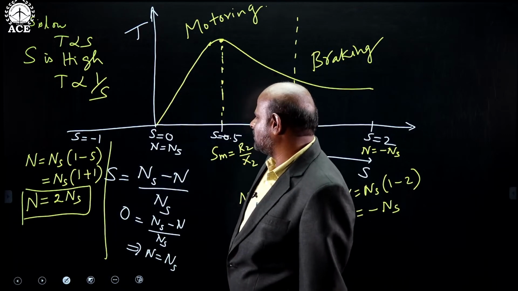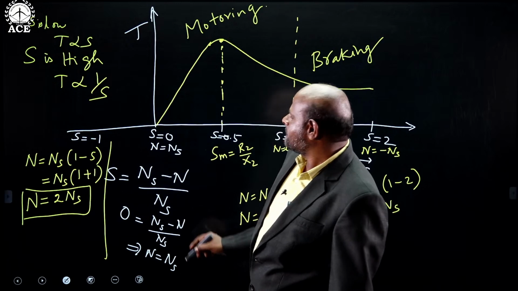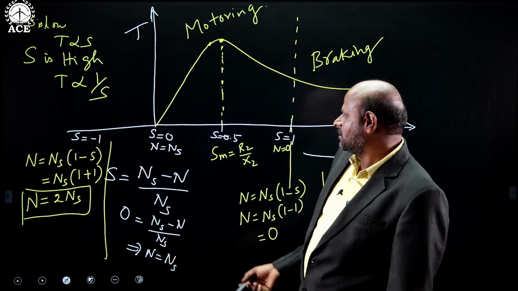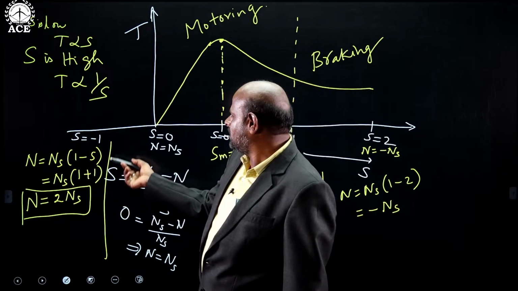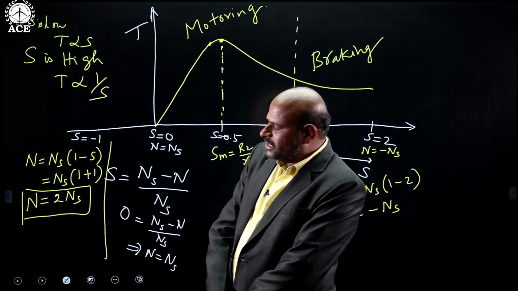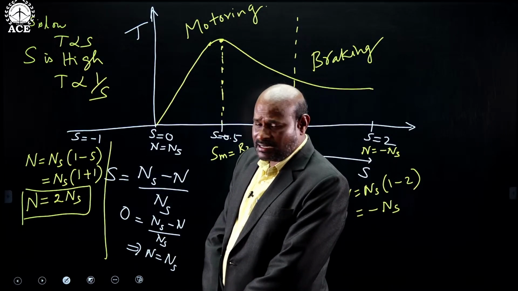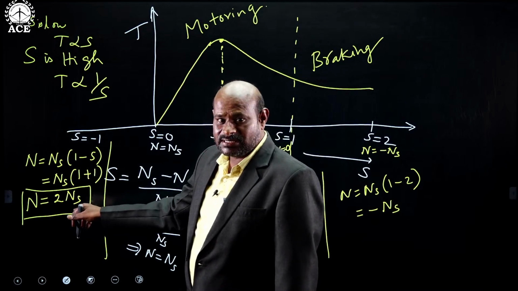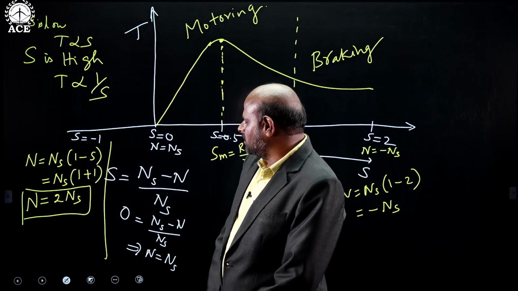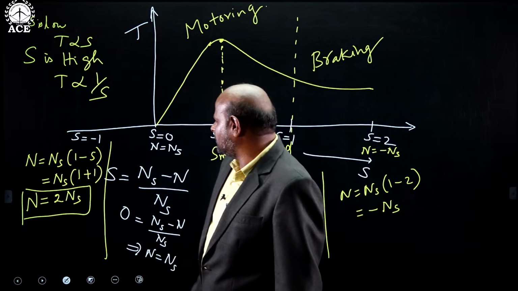So this condition is called generating. An induction motor will act as a generator when the speed of the motor is greater than the synchronous speed. Here the speed is greater than the synchronous speed.